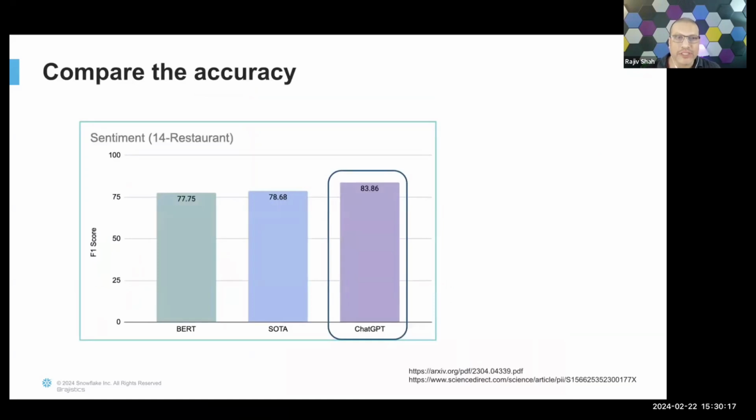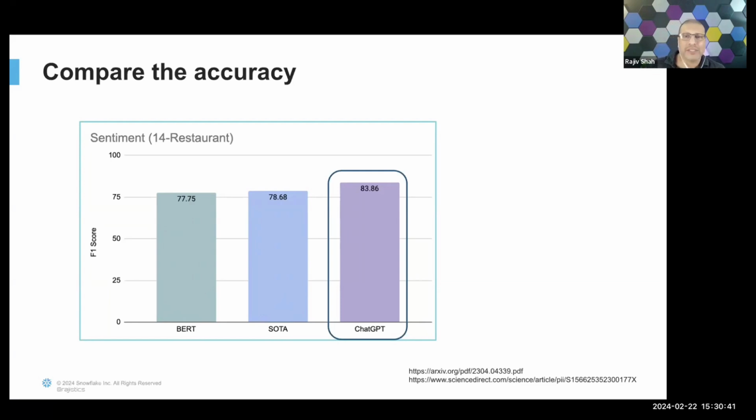But if we take a look at something like sentiment and we see how the model does, we had models like BERT before that we would use for sentiment. So smaller models that understood language. But when we put them side by side, something like ChatGPT does much better at this, and this is looking at restaurant sentiment.